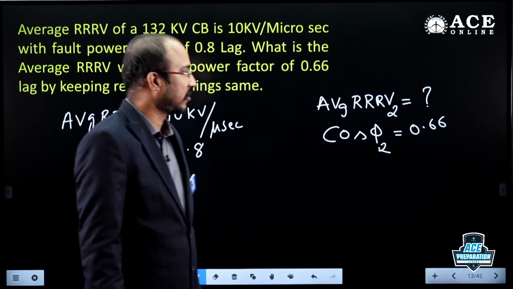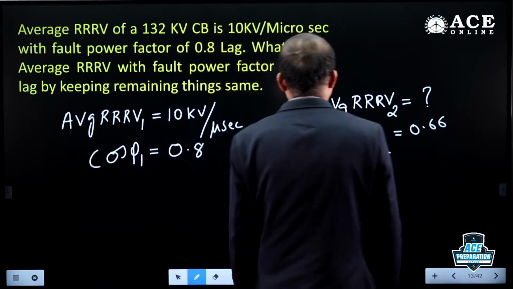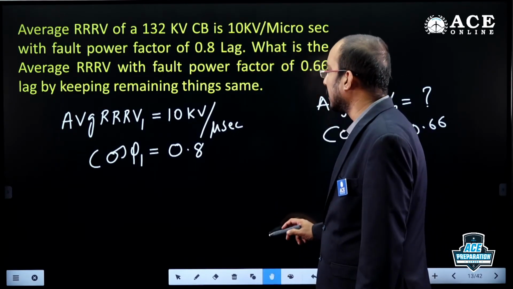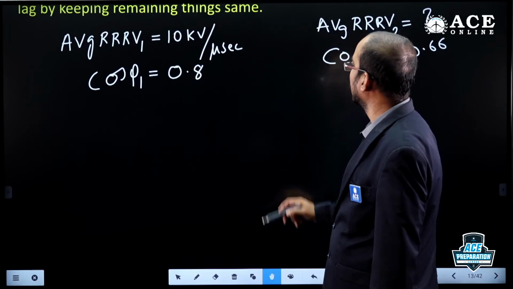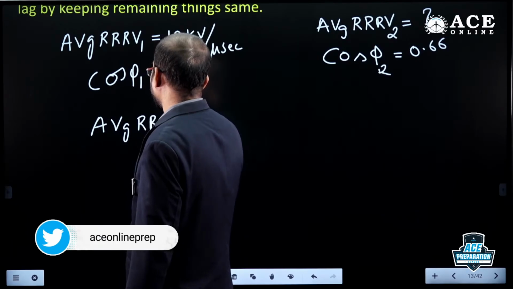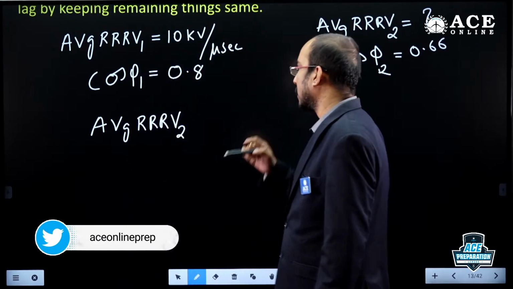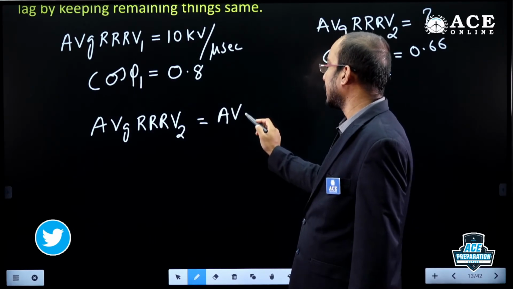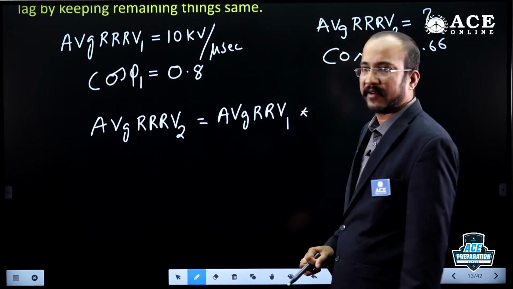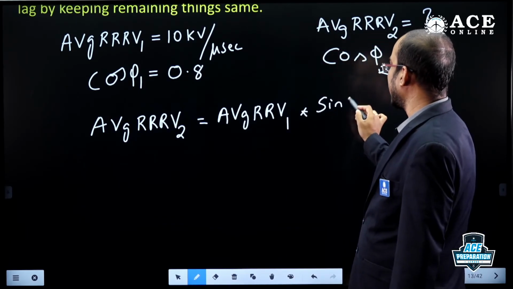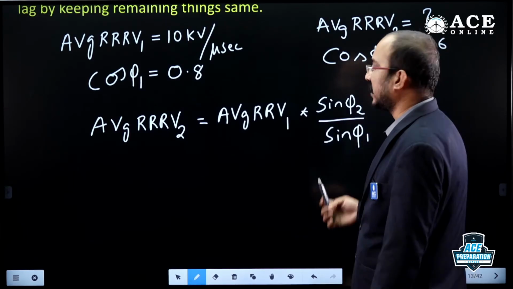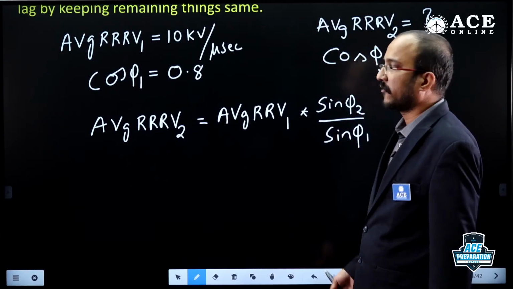Average RRRV is directly proportional to sin phi, not cos phi. So can you write like this? Average RRRV in the second case is equal to average RRRV in the first case multiplied with sin phi 2 by sin phi 1. Because average RRRV is directly proportional to sin phi, not cos phi.